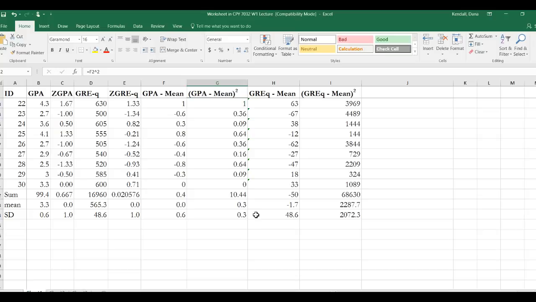And of course, make sure that you take into account rounding error. If you don't have the exact mean, then you may not get exactly 0 for the sum of the deviation scores or the sum of the z-scores as well. So that sometimes happens. All right, that is all. That is the basics, the very foundations of what standardization means.